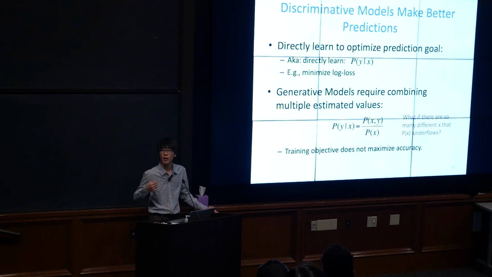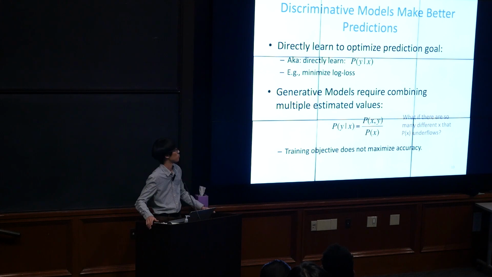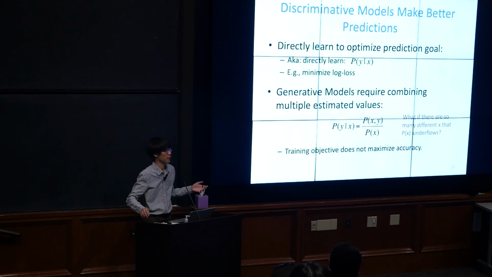The goal of the optimization itself is to do that task with the best possible performance, or the least possible loss. Whereas a generative model combines multiple estimated values, so it's indirectly learning this prediction task of predicting y given x.